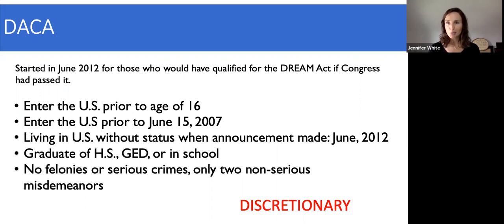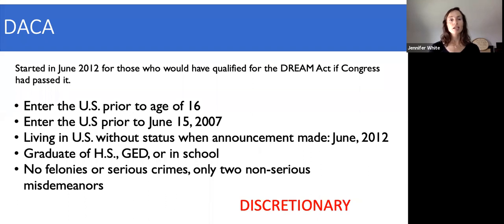Depending on when you watch this presentation, there's been a lot of litigation, so many different changes that have come into effect with DACA. But basically, the criteria is all listed here on this page. You have to have entered prior to the age of 16, entered prior to June 15th, 2007.